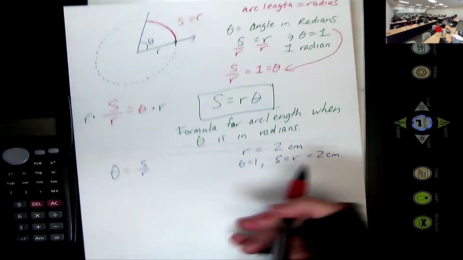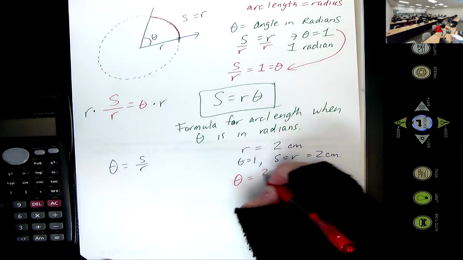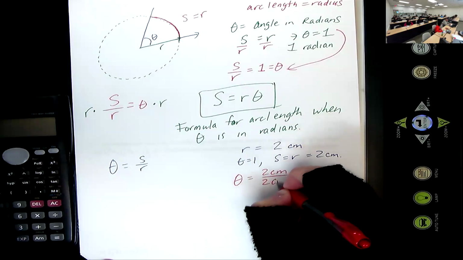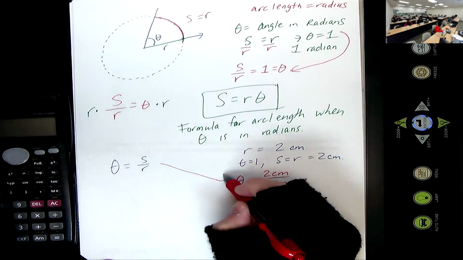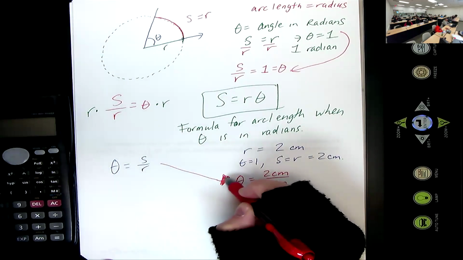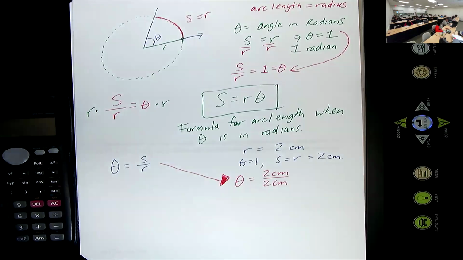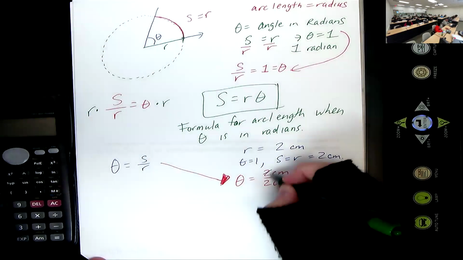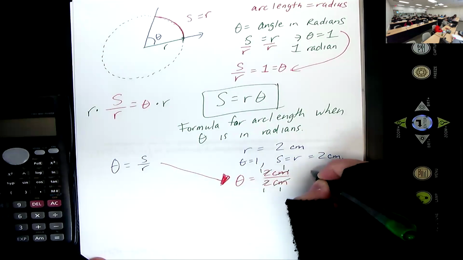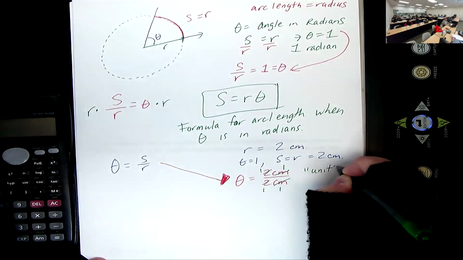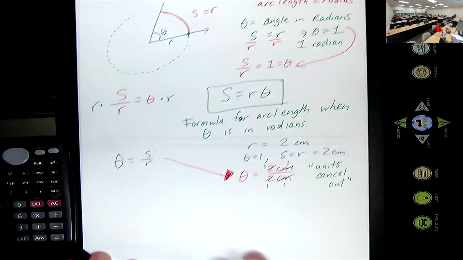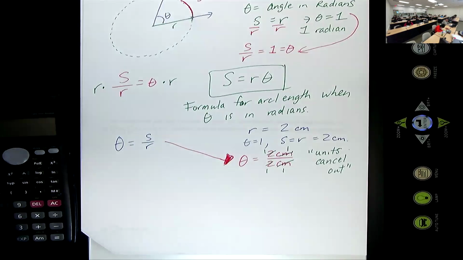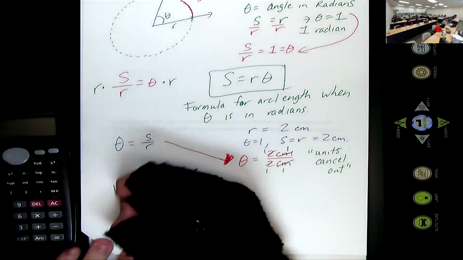Then we have theta equals 2 centimeters over 2 centimeters, doing S over R. Not only do the 2's cancel out, but the units cancel out as well. Radians are unitless.